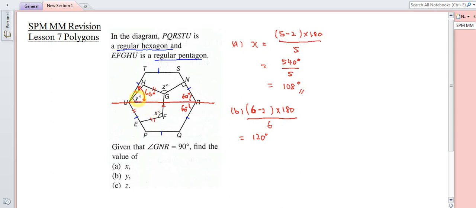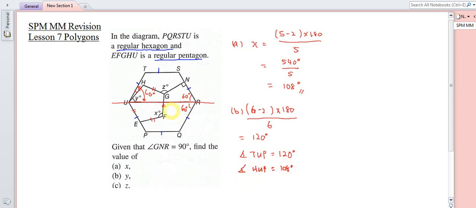So I find this whole angle first, angle TUP. TUP is 120, right? And angle HUP is 108.